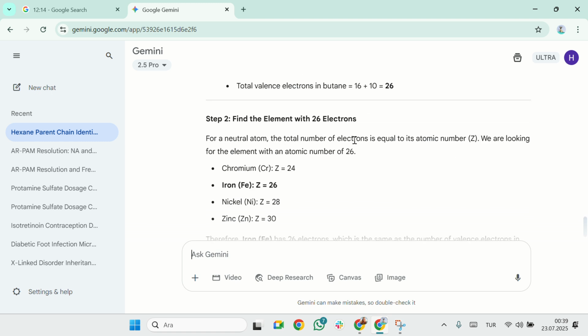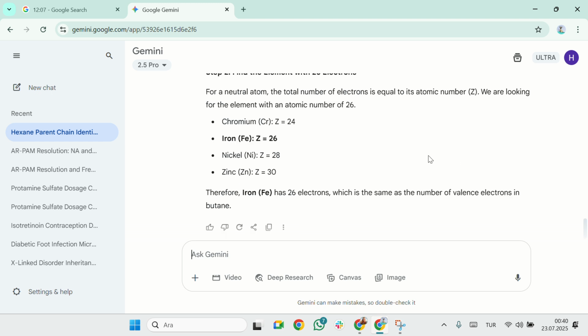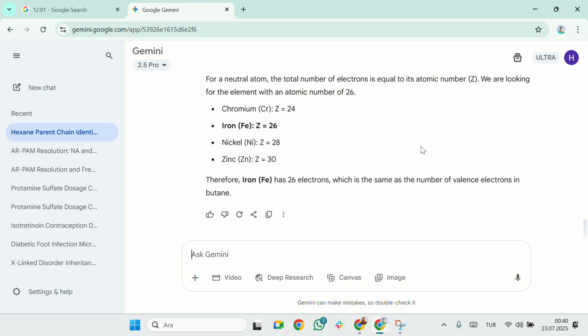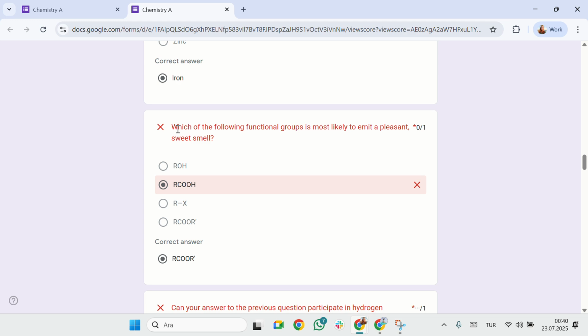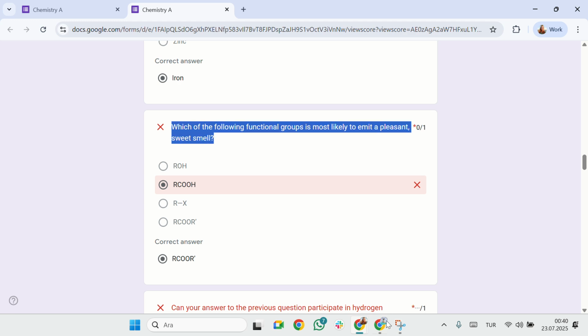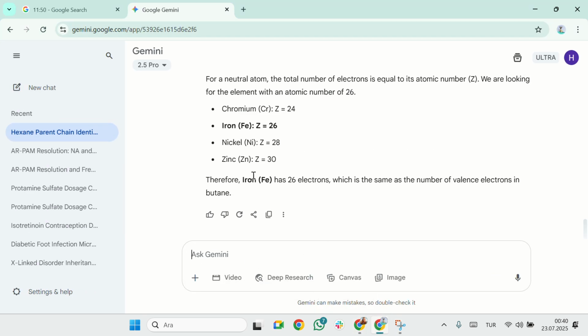For a neutral atom, total electron number is equal to the atomic number. We are looking for the element with an atomic number of 26. So actually I was correct before, but I didn't have a periodic table in front of me, so I think it's okay. Let's ask this too.